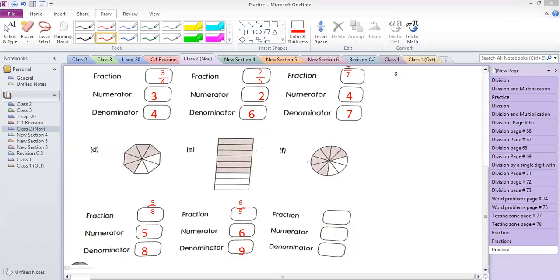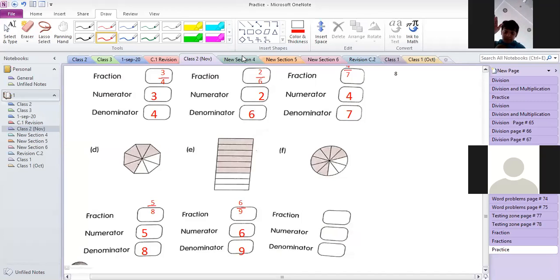Guys, you don't need to shout. If you shout, I cannot understand. So, one by one, tell me the denominator in figure F. 8. Someone is saying 10, someone is saying 8. Okay. Let me check, guys.